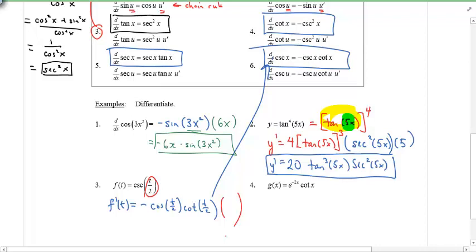The derivative of t over 2 is just an extra factor of a half. If I want to write it nicer, I'll say negative 1/2. Sorry, this is not cosine, it's cosecant. Sorry. Getting tired here, Mr. Lee. Cosecant t over 2 times cotangent t over 2.